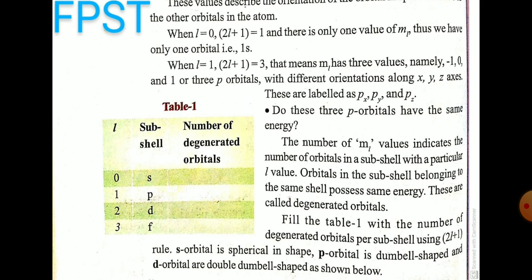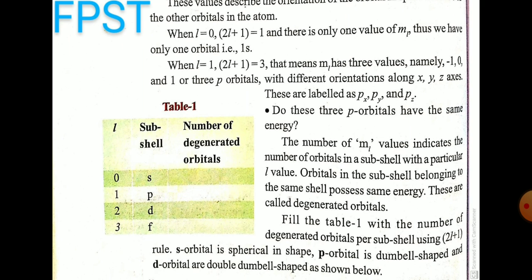Okay, for L is equal to 0, that is the subshell s, the number of degenerate orbitals is only 1. For p, means L is equal to 1, there will be 3 degenerate orbitals px, py, pz, for the ml values -1, 0, +1. And for L is equal to 2, the subshell is d, we know it.